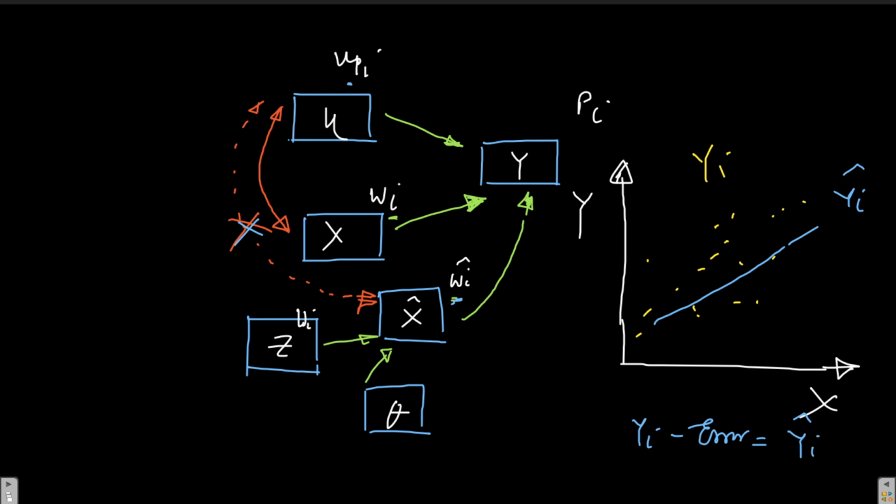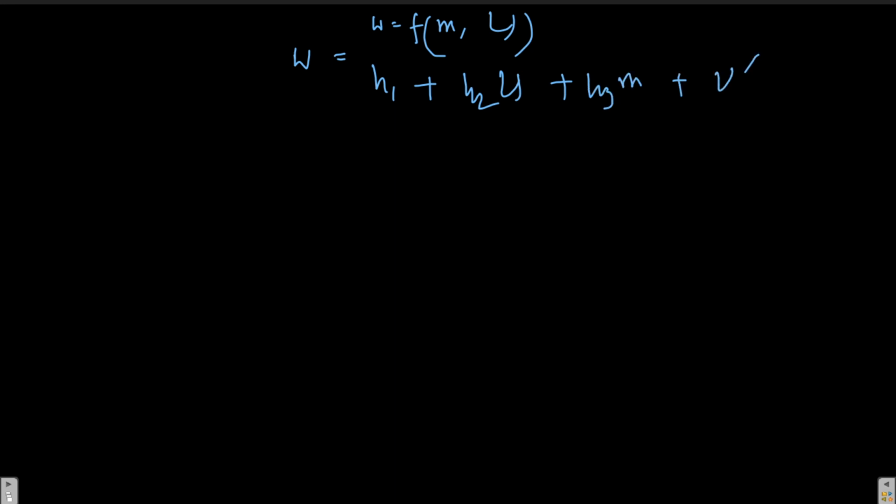Okay. Now, if it is a case of over-identification, we can use the same strategy. For example, in our previous case, W was related to, let's say, both money supply rate as well as unemployment rate. So instead of one instrumental variable, I can have, let's say, H1 plus H2 U and H3 M and some u prime.